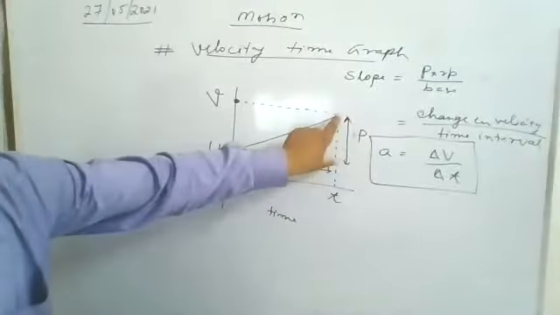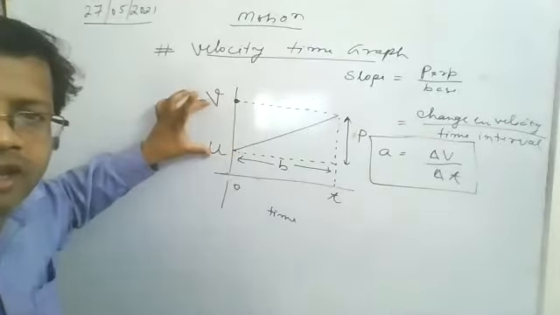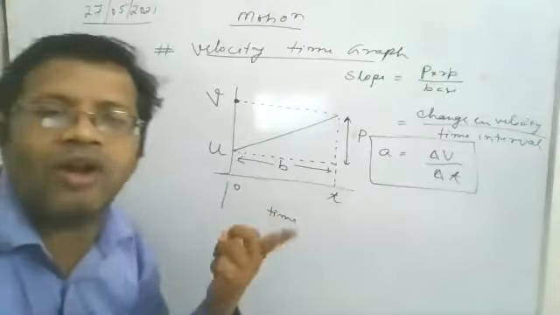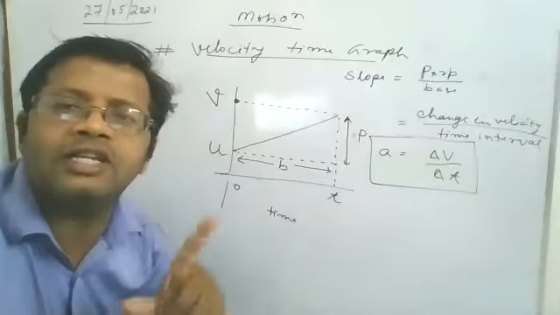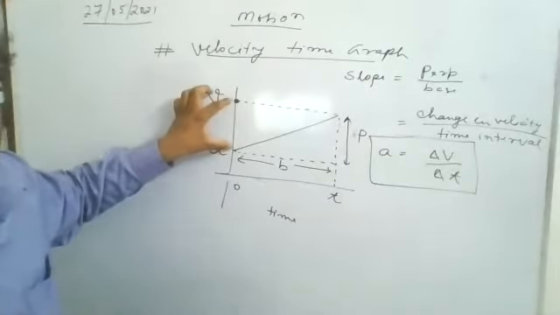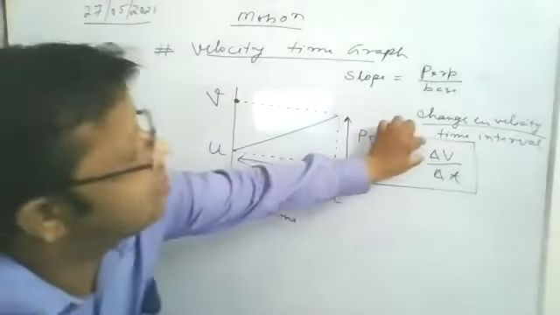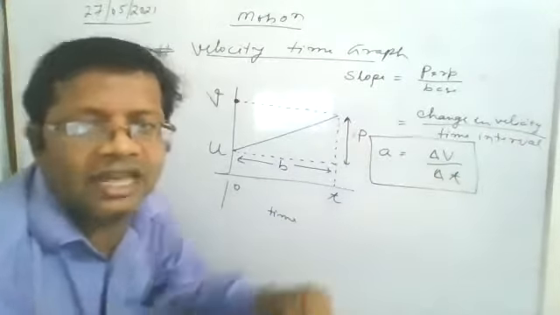So over the y-axis, what physical quantity is there? Velocity. Over the x-axis, what physical quantity is there? Time. So beta, slope means change in physical quantity along y-axis upon change in physical quantity along x-axis.